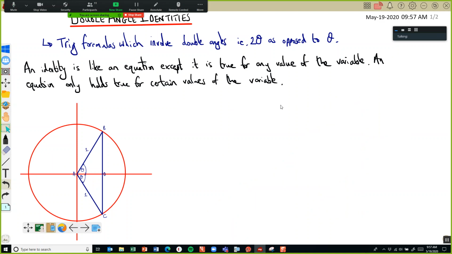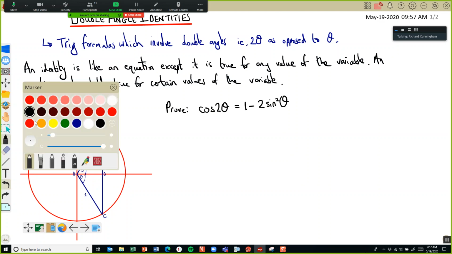The identity that we're going to show, there's a few of them, but we're only going to prove one of them, is cos 2 theta equals 1 minus 2 sine squared theta. So this is the one that we're going to prove.